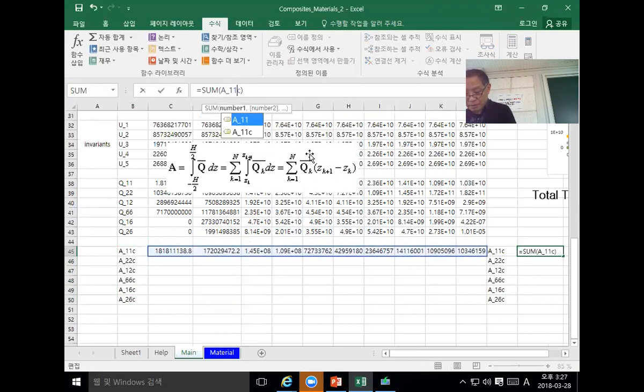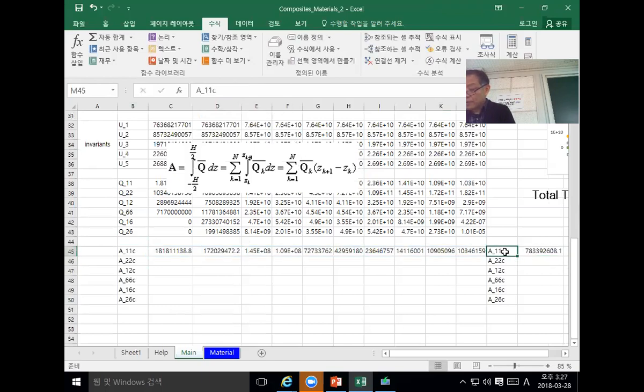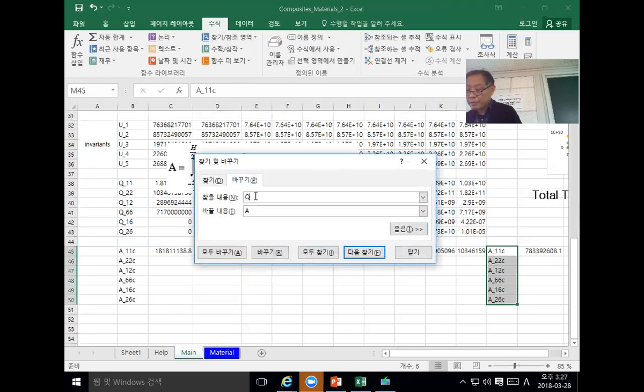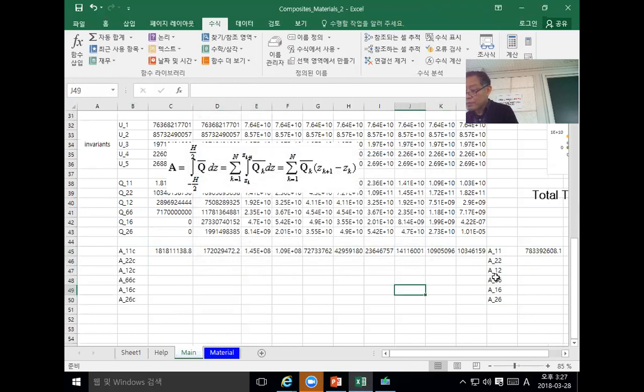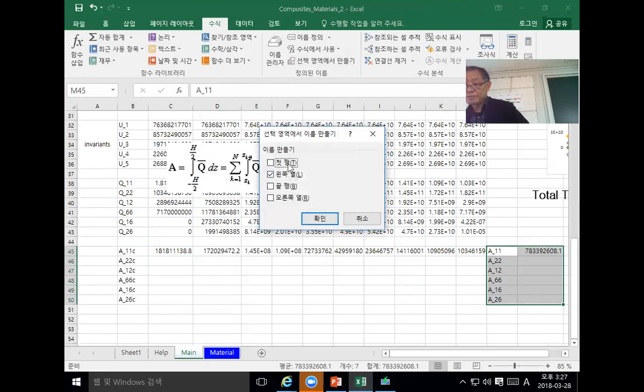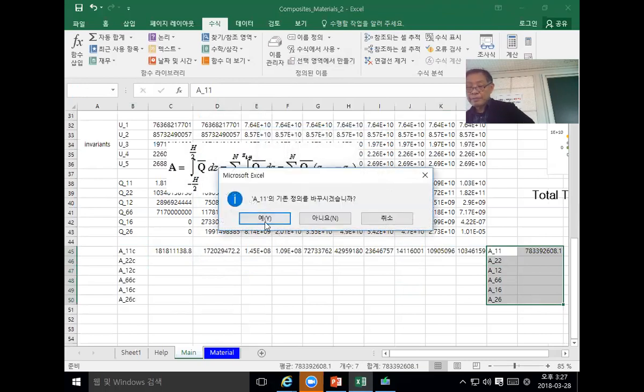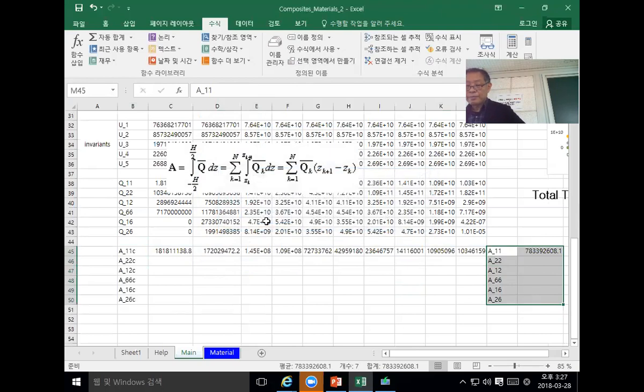Okay, and then here. This one will be the ABD matrix.